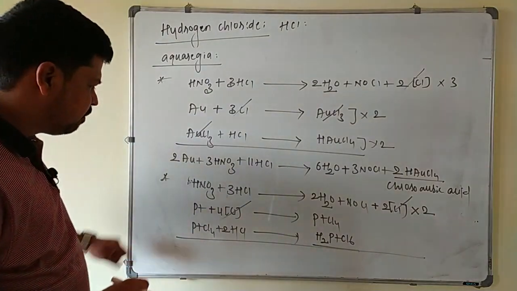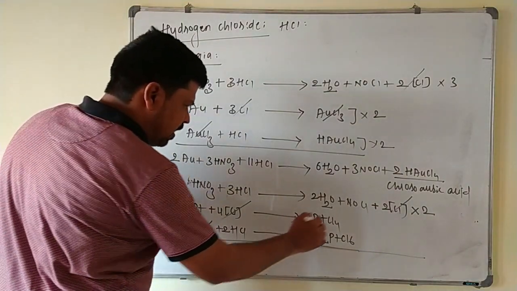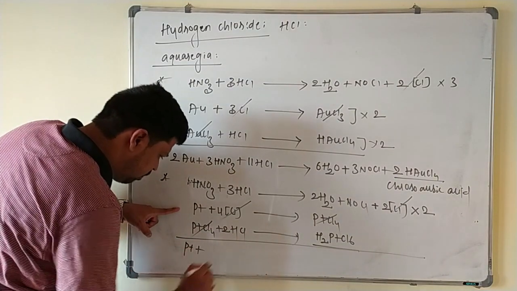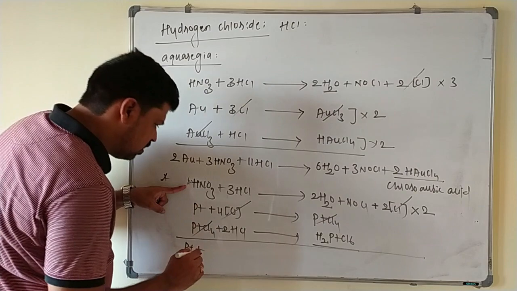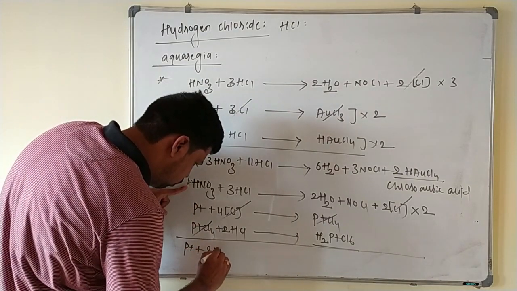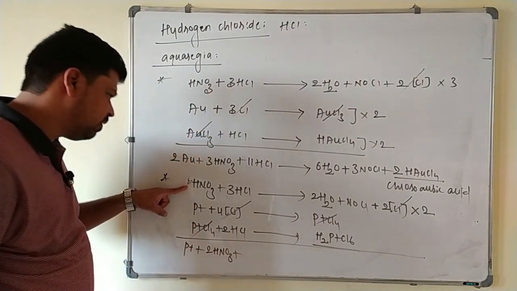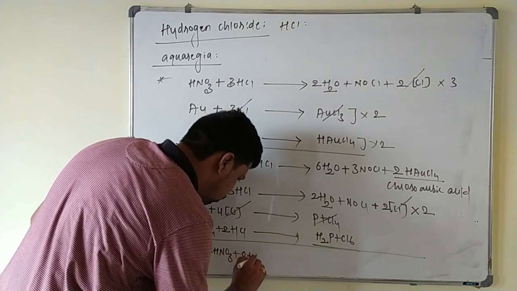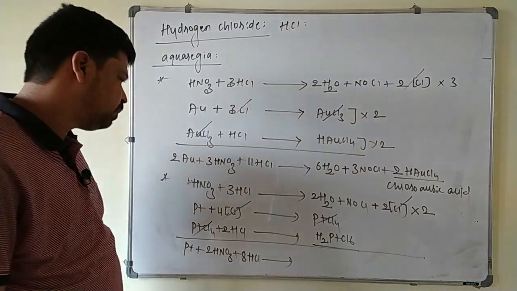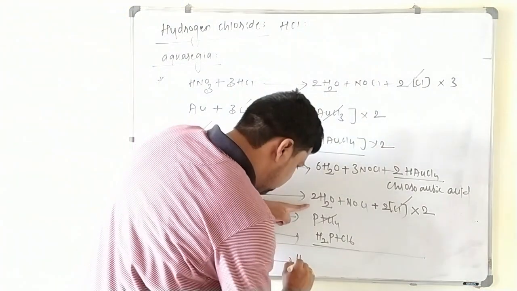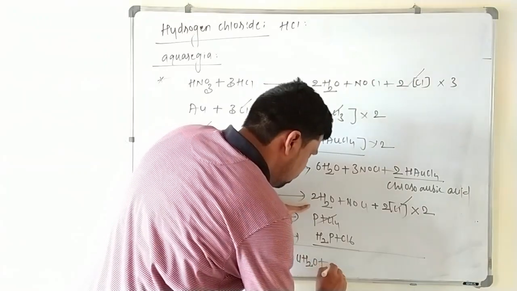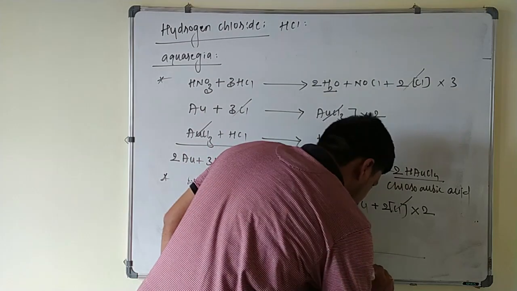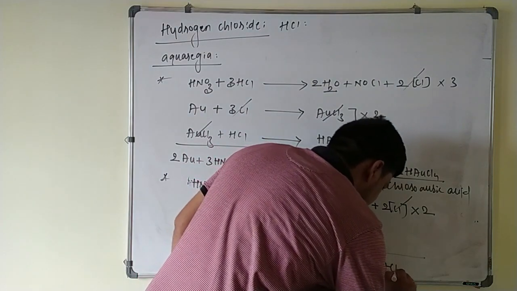So what else you can write in this one, PtCl4 gets cancelled. Next, platinum plus, this is 2 moles of HNO3 and 3 to the 6 plus 2, 8 moles of HCl giving 4 moles of water plus 2 moles of NOCl plus H2PtCl6.